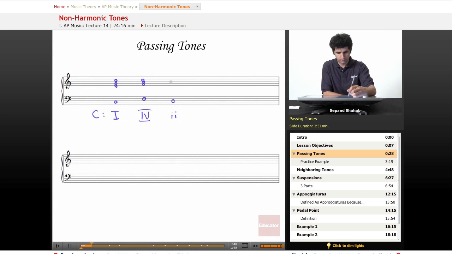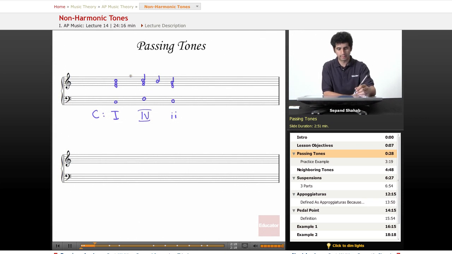So let's see. All right, so now we have this space of a third in between in the top voice from a C to an A, which means that if I wanted to, I could perhaps fill this in with a B, and maybe this would be a half note here, and this would stay a whole note.